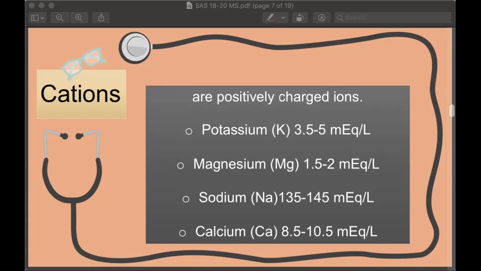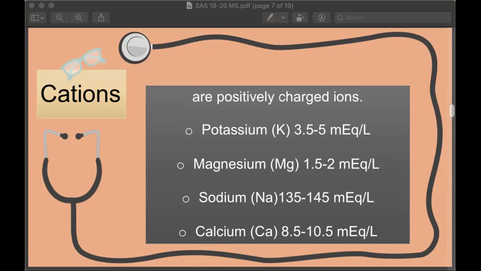Sodium is 135 to 145, and it is the main extracellular fluid cation, ECF. Potassium is the main ICF, while sodium is the main ECF. Clear? And it helps govern the normal osmolality of the ECF. It helps in the maintenance of the acid-base balance, as well as activation of the nerve and the muscle cells.